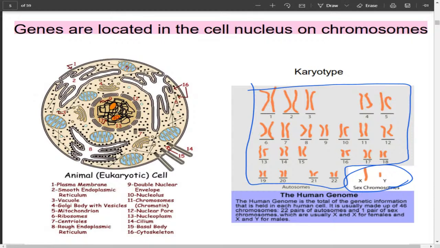Lots and lots of ribosomes are here, and ribosomes are all over the place. Here, vacuoles, mitochondria, Golgi apparatus, and this is number 7, centrioles. Oh, this is the centrioles. We were looking for the centrioles and we found them.